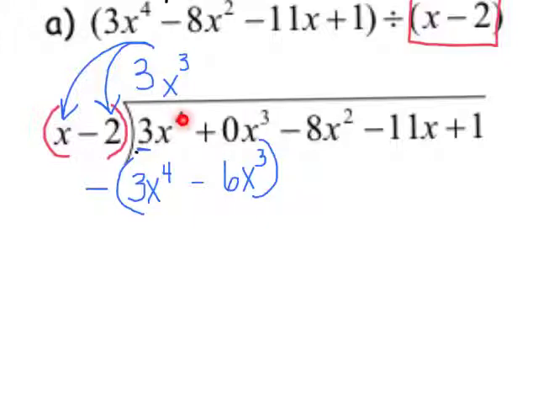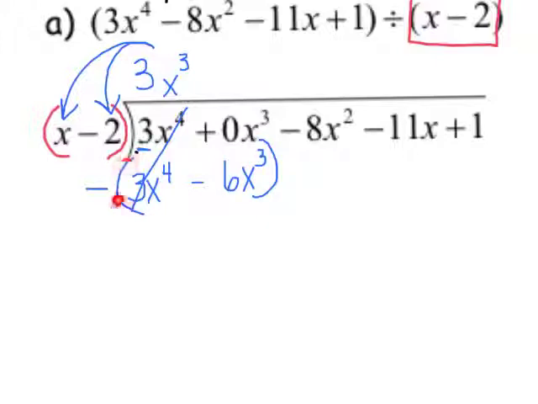So 3x to the fourth minus 3x to the fourth goes away. That's supposed to happen. I chose that so that exact thing happens. Now I've got 0x cubed minus negative 6x cubed.